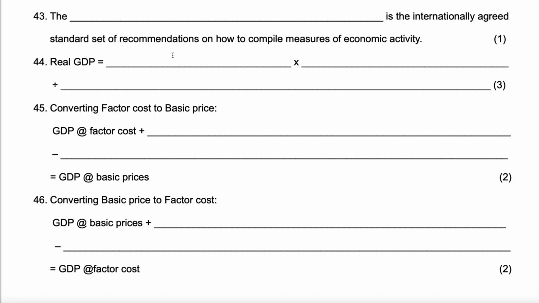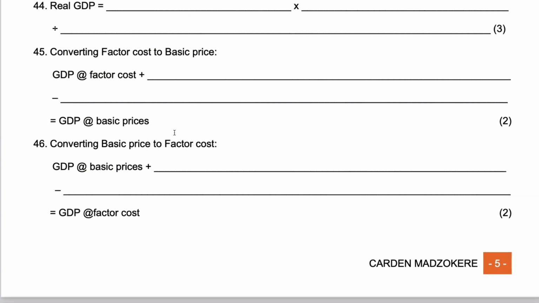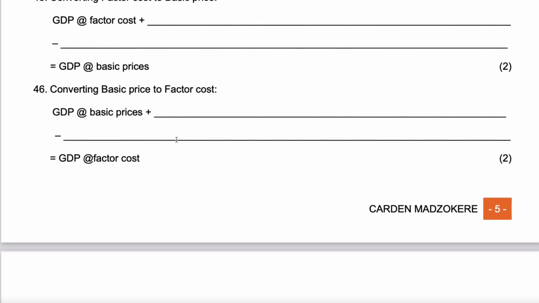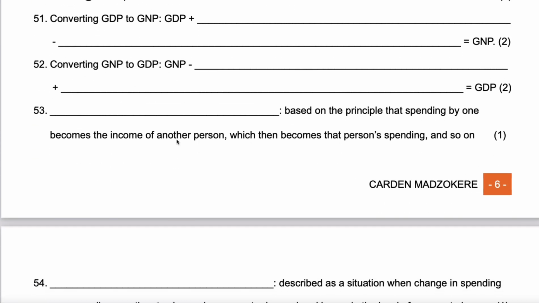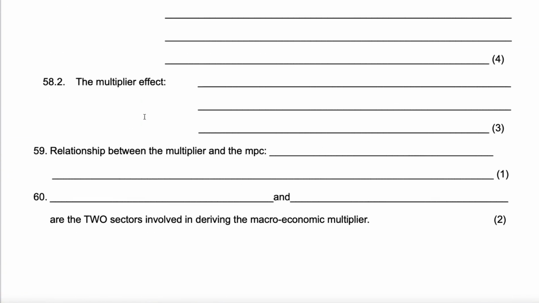So all the way from converting from nominal, so this will be nominal GDP, to real, we multiply by 100 divided by the deflator. Then we have our conversions, factor to basic, basic to factor, all that stuff. So these are our national accounts conversions, and then the multiplier, so all that stuff.